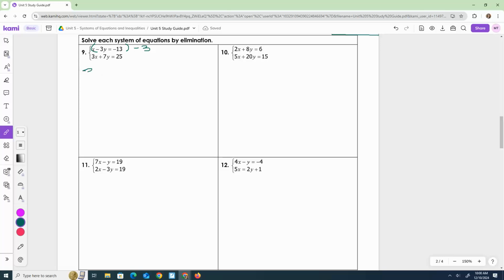So it gives me a negative 3x plus a 9y equals 39. So if we add, negative 3x and positive 3x cancel, 9y plus 7y is 16y equals 64.